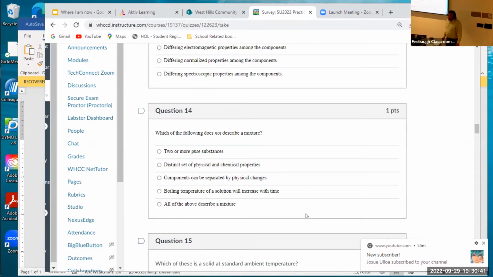Right, so it can cause an effect on its boiling. So in this case, would you guys say it's probably all of the above? That's what I'm probably saying. All of the above, because all the other ones are true, and then the one that doesn't.